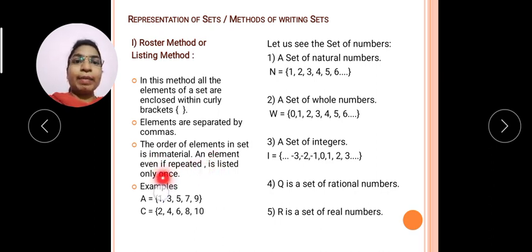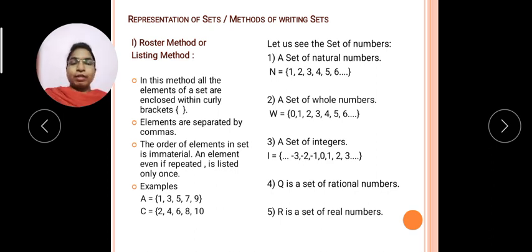Now, an element, even if repeated, is listed once. Sometimes the numbers 1, 1, 2, 2 will repeat, but it is not compulsory to write them that many times. You have to write that number only once in the list.